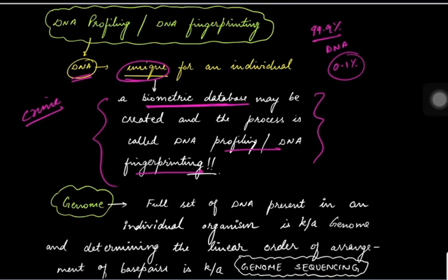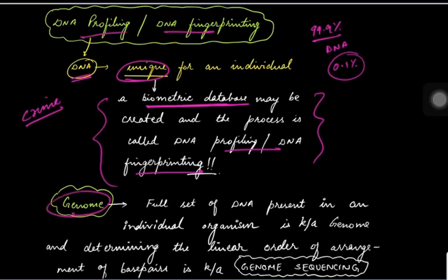Similarly, DNA fingerprinting or DNA profiling is also of utmost importance in cases related to lineage or parentage. Alright, so this is how DNA profiling and DNA fingerprinting are finding a greater place in today's biotechnology.